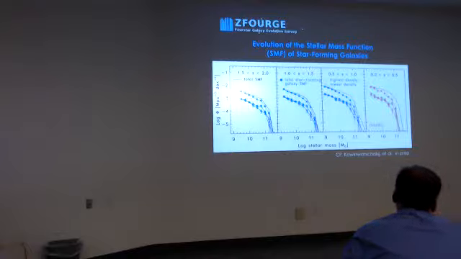Here are low redshift galaxies, and we move up to high redshift galaxies, combining data from our ZFOURGE data set with those from the NEWFIRM Medium Band Survey, where we've used the same symbols as Peng et al.: galaxies in the highest densities are in triangles, galaxies in the lowest densities are in diamonds. All you need to see from this plot is that for star-forming galaxies, the stellar mass function does not depend on the environment.